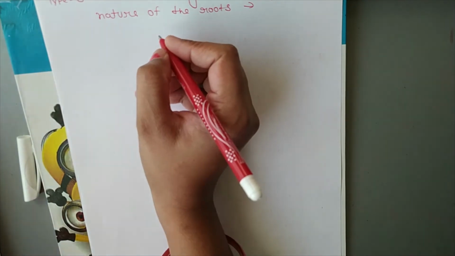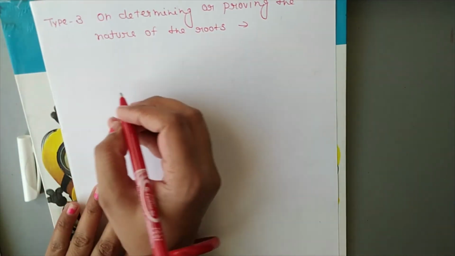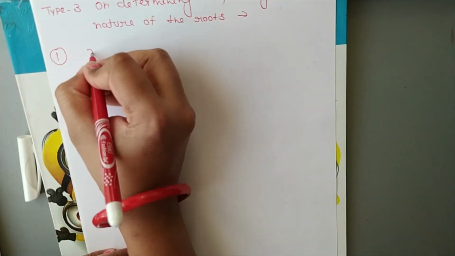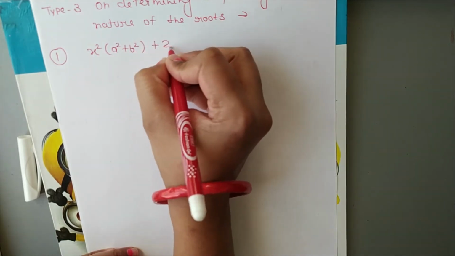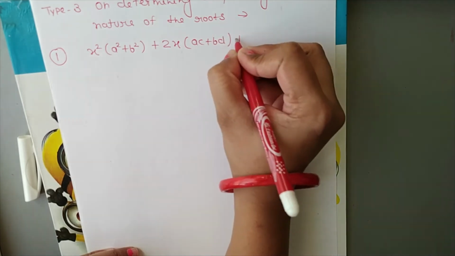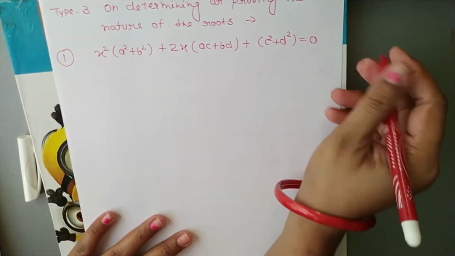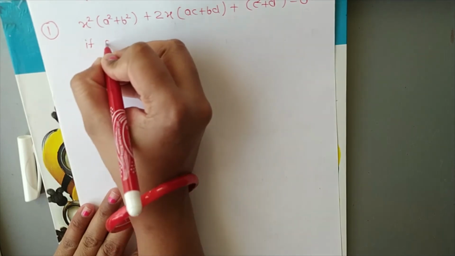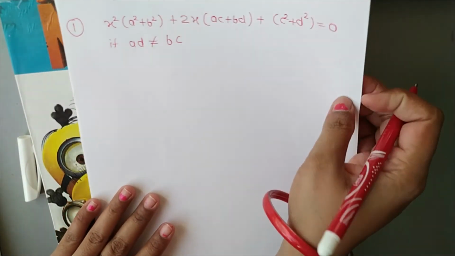Okay, now move on to the third type of question, on determining or proving the nature of the roots. In this first question: prove that the equation x square times (a square plus b square) plus 2x times (ac plus bd) plus (c square plus d square) is equal to 0 has no real roots, if AD is not equal to BC.